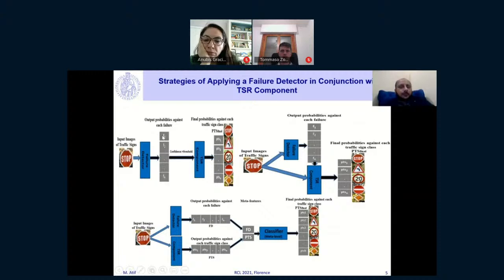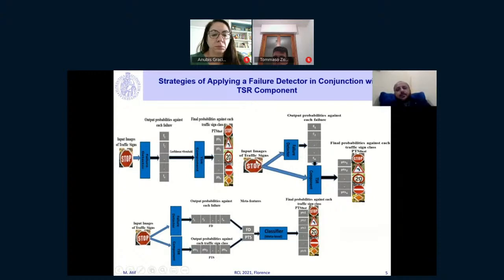We will decide a threshold, and if the confidence is greater than the threshold that the image is clean, then we will pass it to the TSR component, and the TSR component will decide the final output for that specific traffic sign. That will be the classes of different traffic signs. So this is one strategy for how we can apply a failure detector.